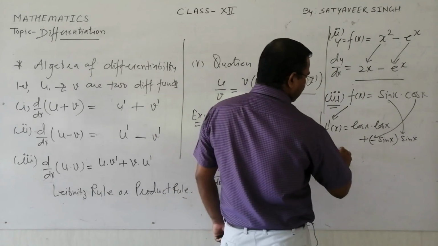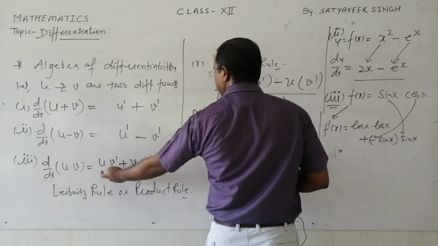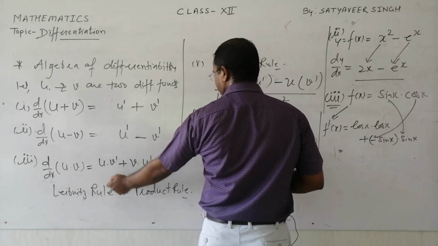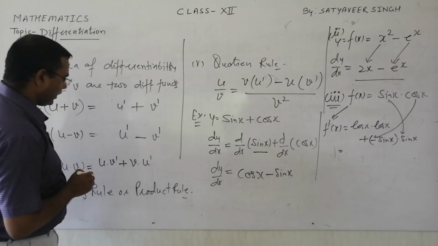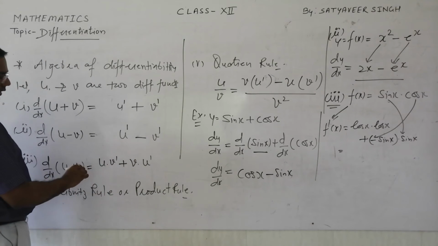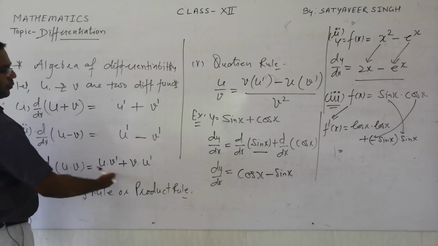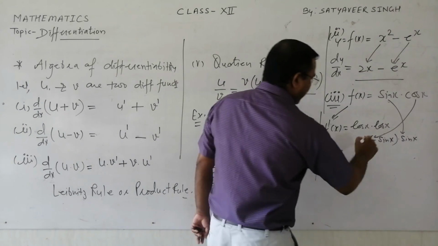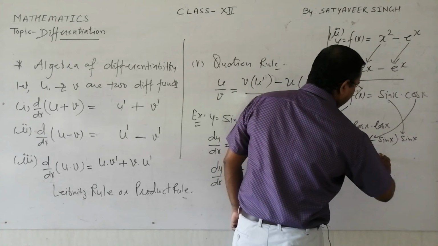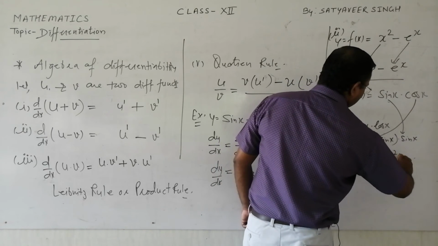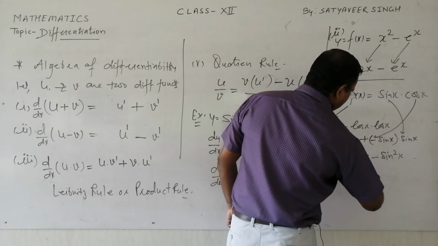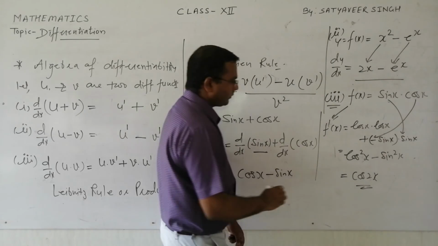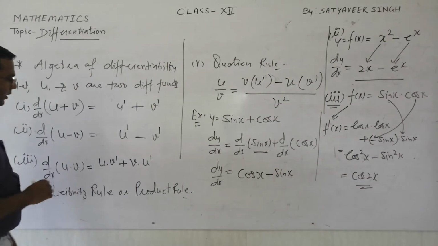So we can see the rule there, it is differentiation of the first; in the rule I have changed it a little bit, I have written v dash, you may follow this order, it doesn't matter. So here it is cos square x minus sin square x, which you can also write as cos 2x further. So I hope it is clear to you.